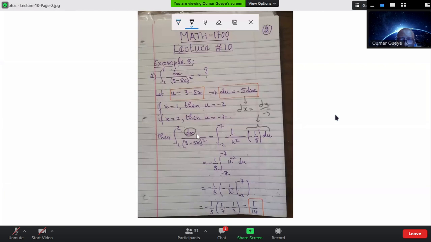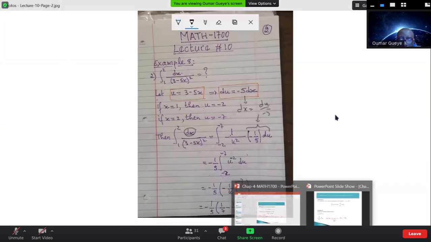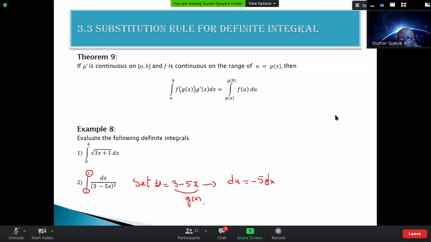Because this is your u. You see at the beginning, this is your function and your u. Yeah, you have here 3 minus 5x as your u.